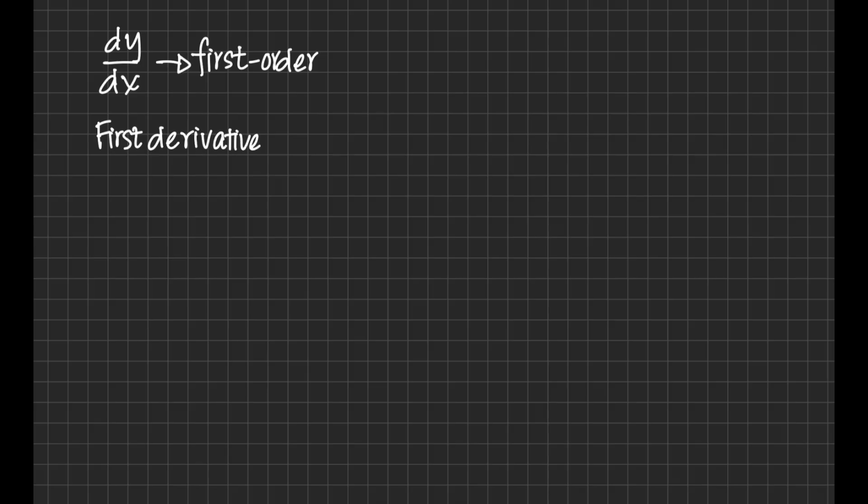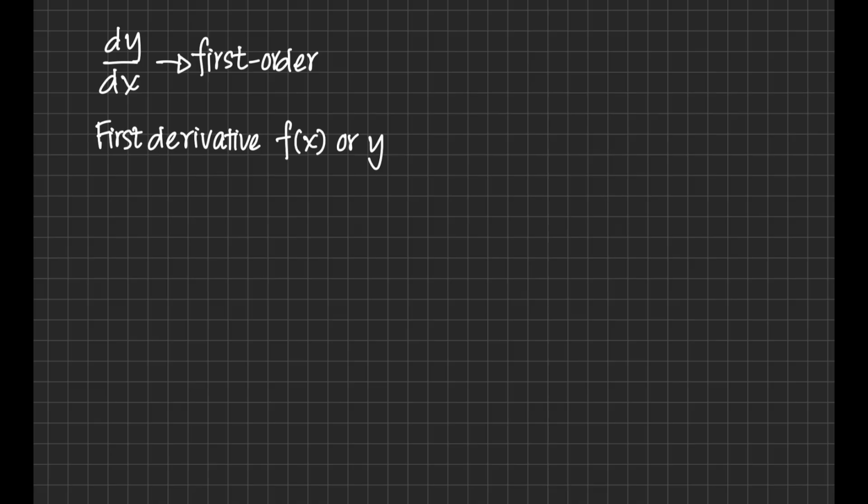All the problems that we have worked on so far are called first order differential equations. The reason they're called first order is that they involve the first derivative of the function f(x) or the variable y.